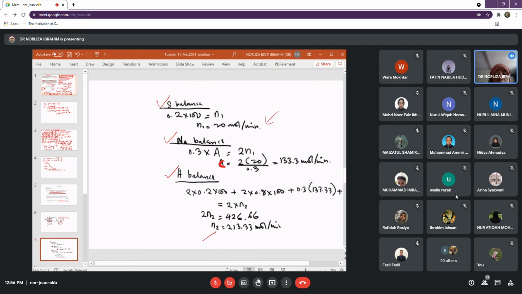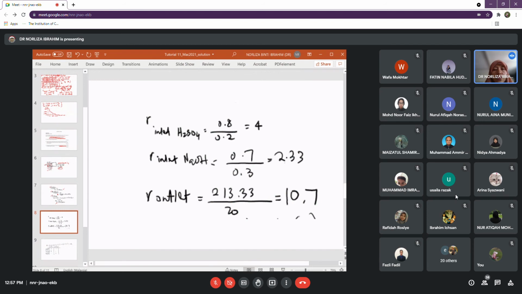N2 is your total water in the product, whether obtained from the reaction or within the aqueous Na2SO4 too. Remember what I discussed in our lecture. So the R now for the H2SO4, NaOH, and for the outlet. Since all of them are in mole, you just simply divide that, so you get the value. So this is all the R.